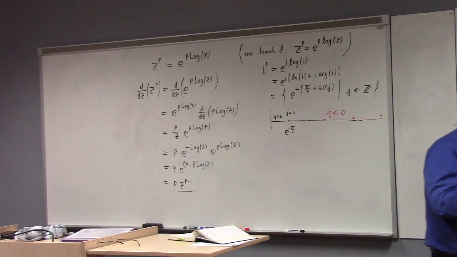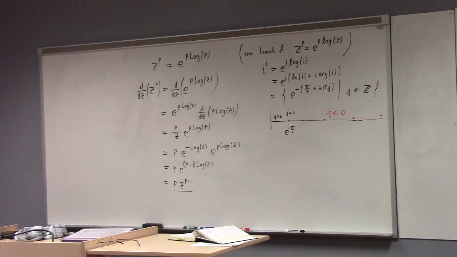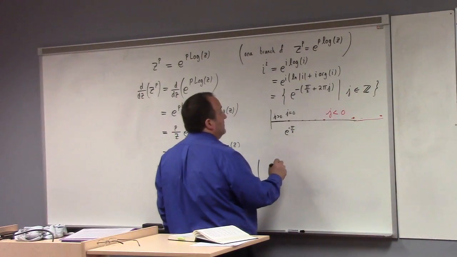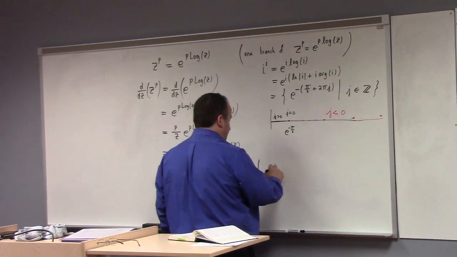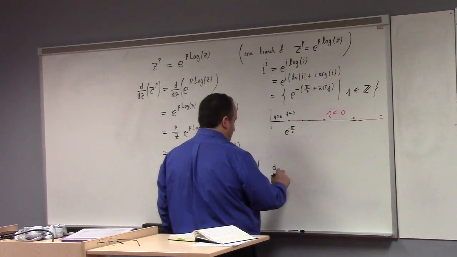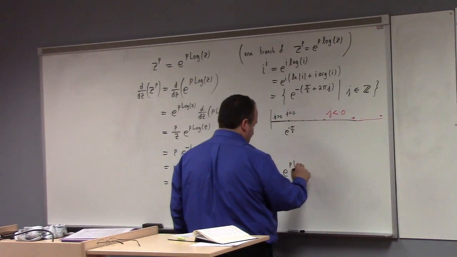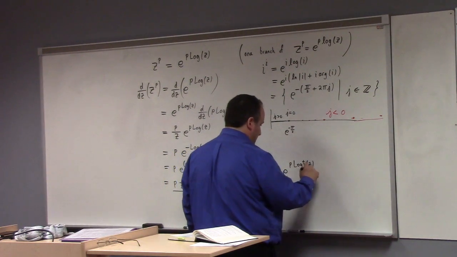Notice this is true for any branch of the power p function. It is not wrong, in fact, to say that, well, here I can just write it this way: d/dz of e to the p log sub alpha plus or minus z.